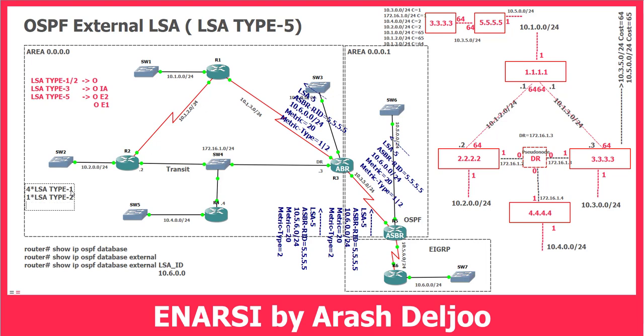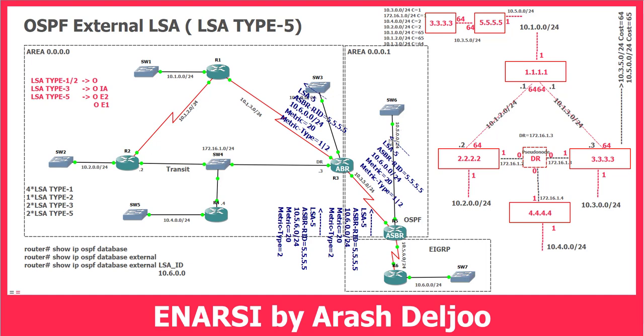After that, we will have 2 LSA type 3, and then 2 LSA type 5, because we are redistributing only 2 networks into OSPF.